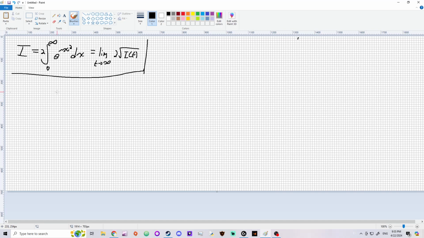Now, moving on to our next step, again I'm going to rewrite our integral here. I of t is equal to the integral from 0 to t, all of this squared, I'm going to put the bracket there preemptively, of e to the negative x squared dx, and like I said, this is all squared. Now, here's the next step.